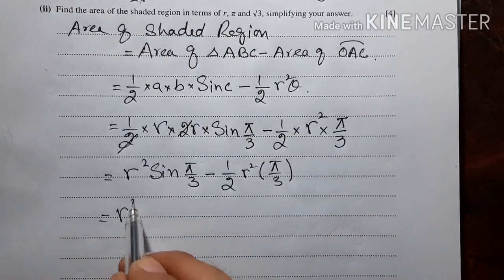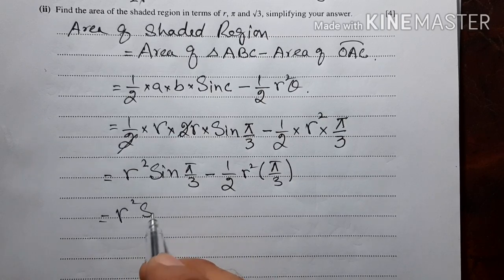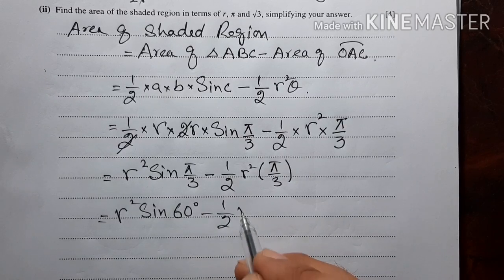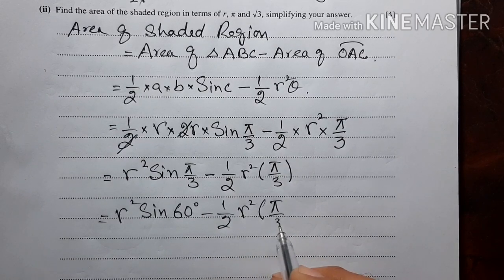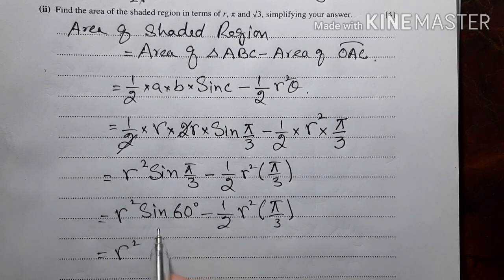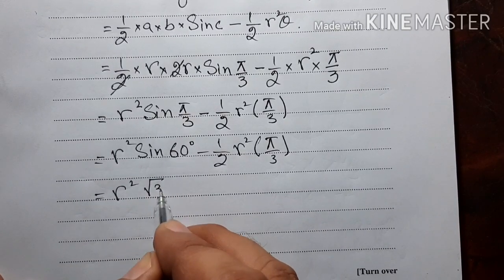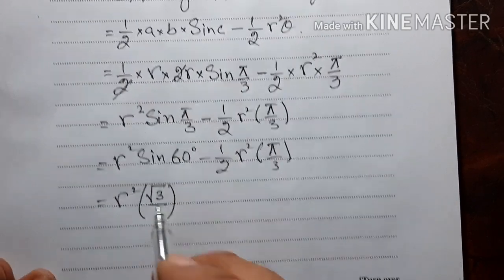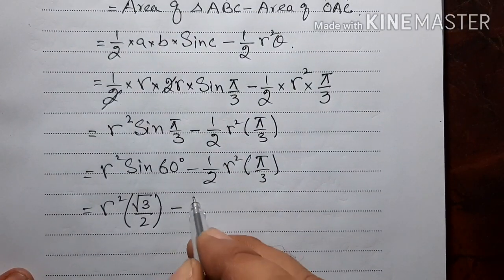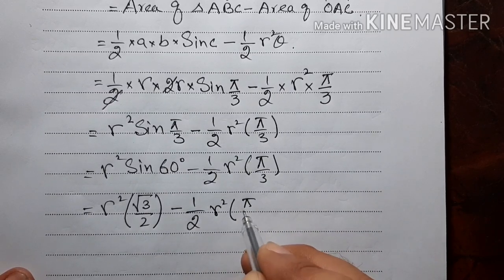So r square, I can write it as, for the moment, sine 60 minus 1 by 2 r square pi by 3. So r square sine 60 is actually root 3 over 2, because I need to include this root 3, it is mentioned in the question, minus 1 over 2 r square pi by 3.